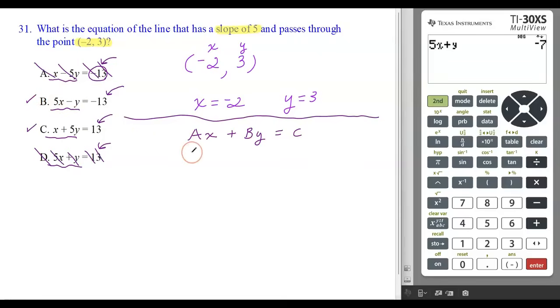And B says 5x minus y equals negative 13. So I need to identify my A value and my B value. The A value is 5, so A equals 5.